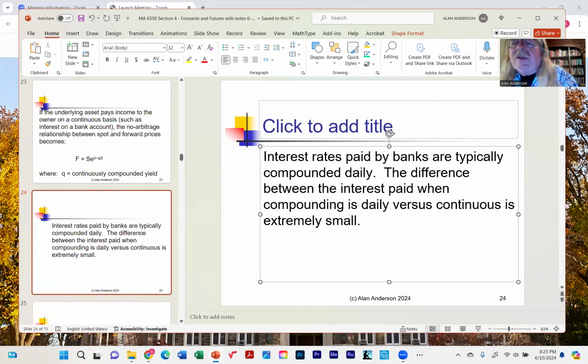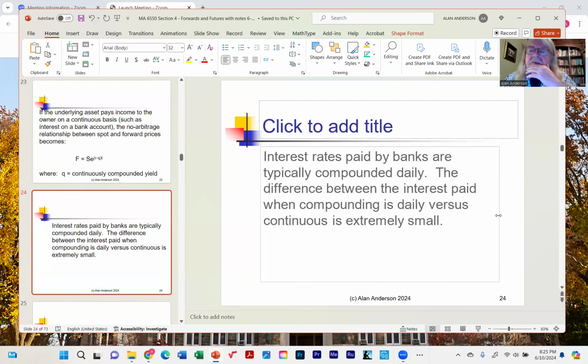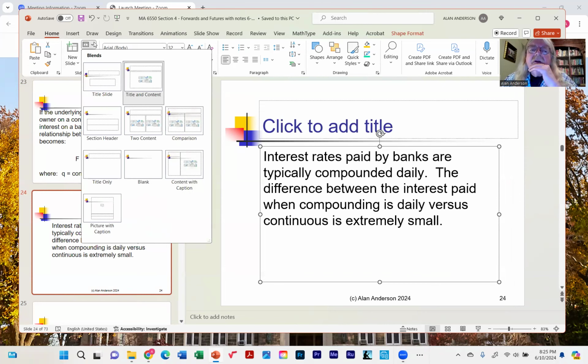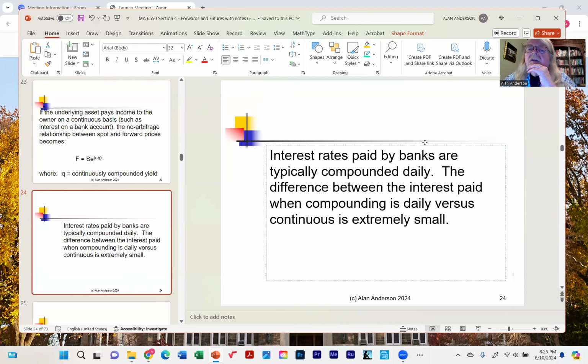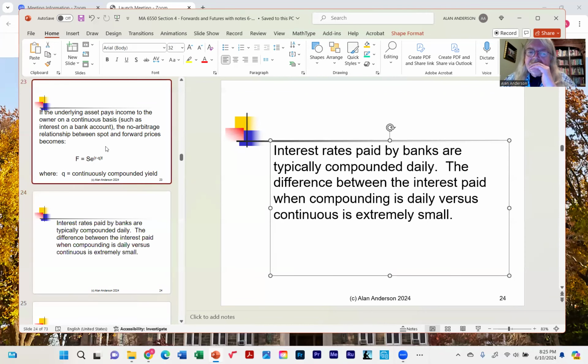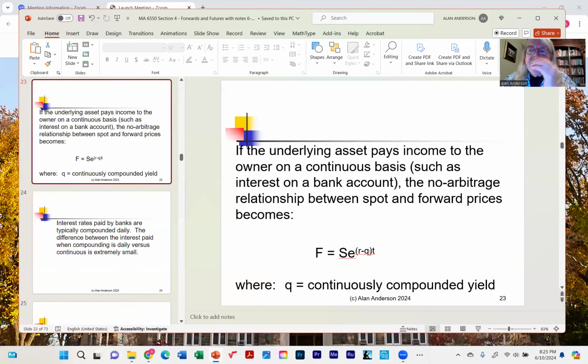So the difference between daily and continuous compounding is not going to be a very large amount. So what we can do here is fudge our model just a little bit and assume that if we own, let's say, British pounds deposited in a foreign bank of some kind, we can count the interest rate we're earning as a continuously compounded yield, which we'll call Q.